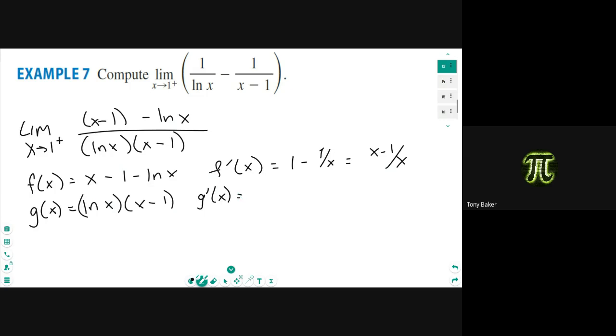What's the derivative of the bottom? Okay. So we've got the derivative of the first, 1 over x times x minus 1, plus ln of x times 1.